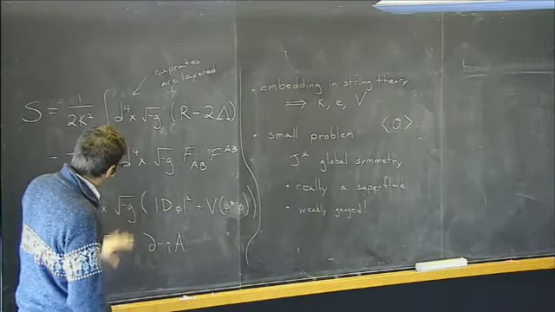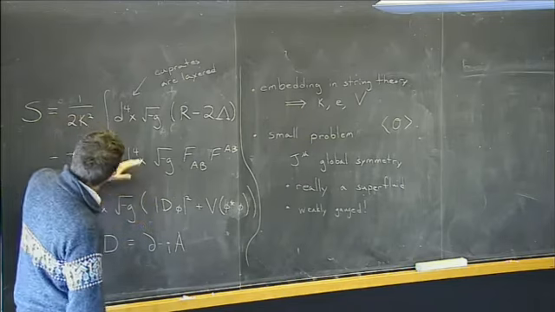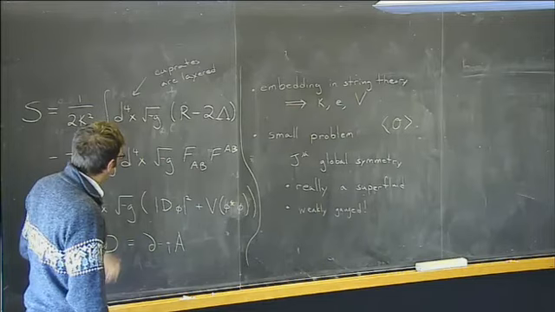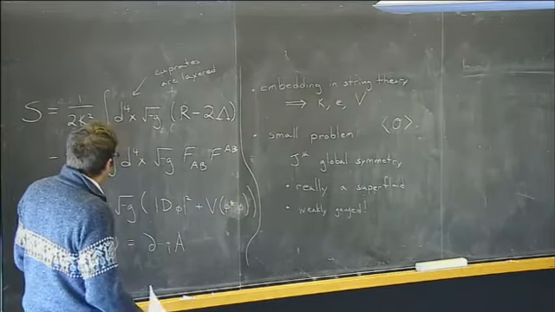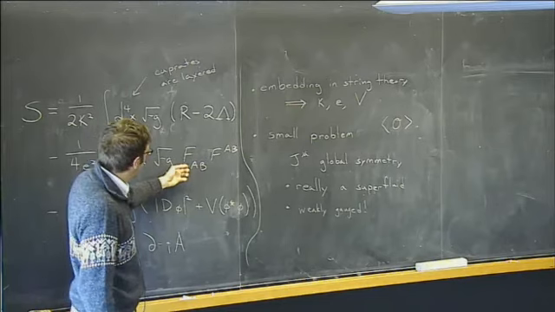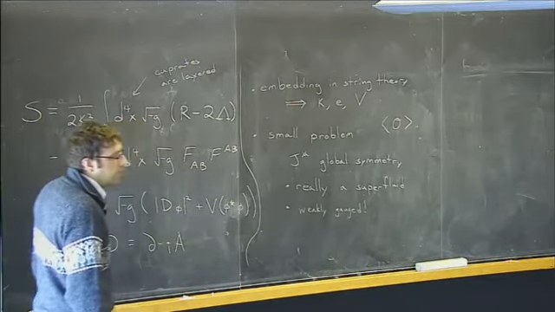And in the normal phase, this is really not going to play much of a role. So it's really this part of the action which would maybe describe the strange metal. You want some way of having doping, so you need some charge density. And maybe you want to say something about heat transport, so you need a stress tensor.